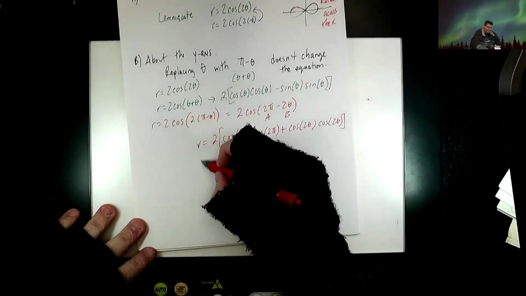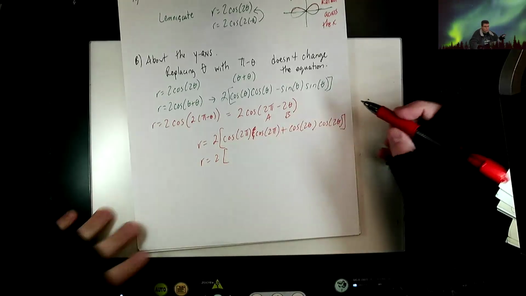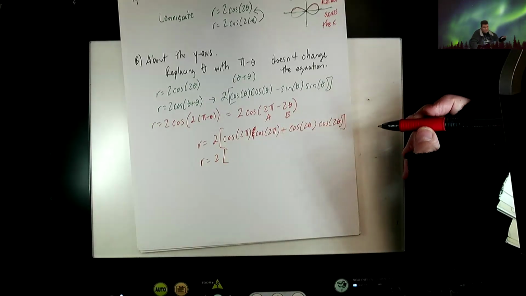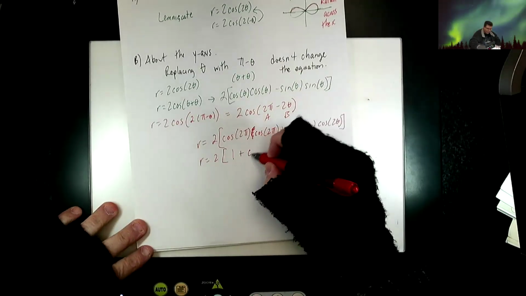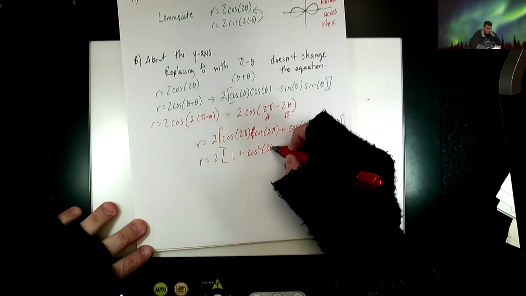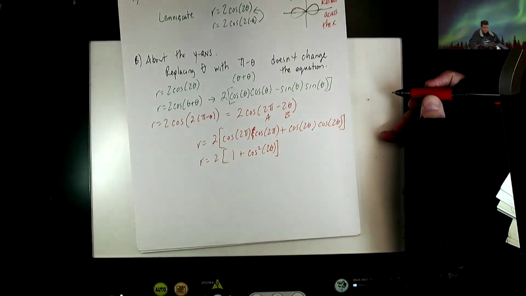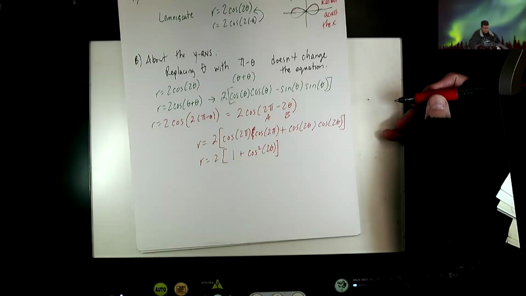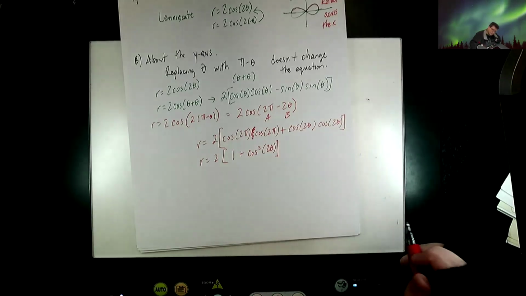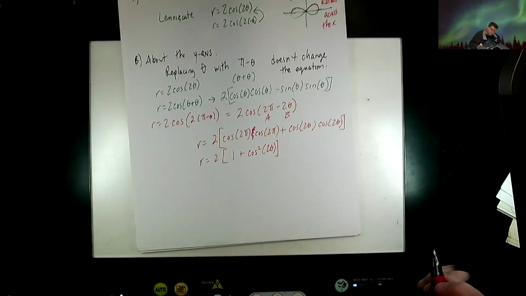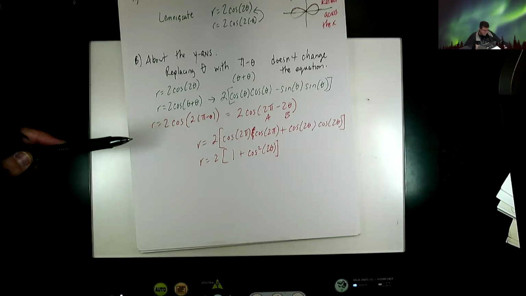This is a little weird because it's going to take a little work. Cosine of 2 pi is what? 1. This is 1 plus cosine squared 2 theta. Did I mess something up here? I feel like I did. 2 pi minus 2 theta.